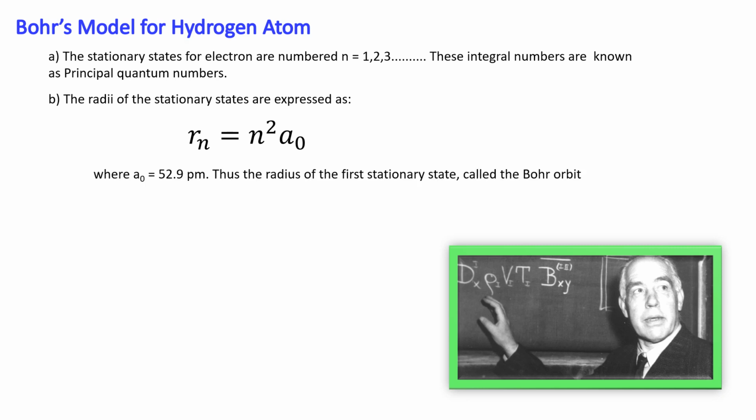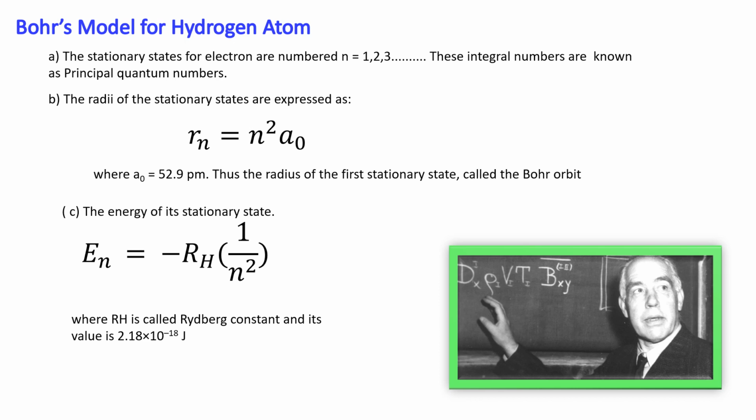This is also known as the Bohr orbit. And he calculated the energy of the stationary state, that is, En is equal to minus RH into 1 by n square. Here RH is the Rydberg constant. Its value is 2.18 into 10 to the power of minus 18 joules.